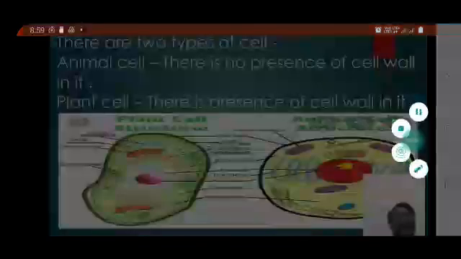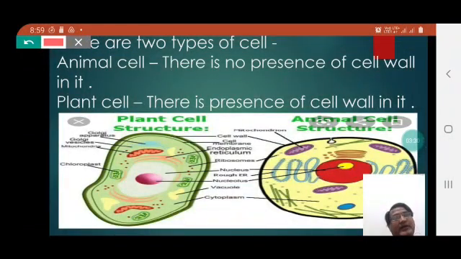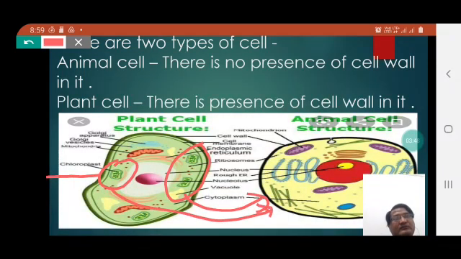Students, apart from this, in the plant cell, you can also identify the chloroplast, which is also indicated here. But if the same chloroplast you want to locate in the animal cell, then you will not be able to find the chloroplast in the animal cell.